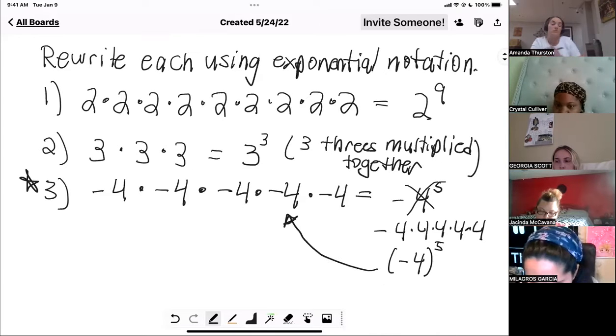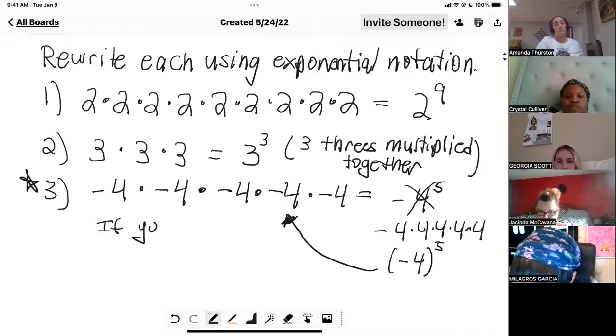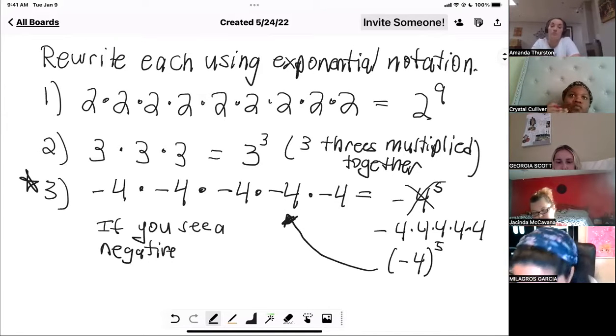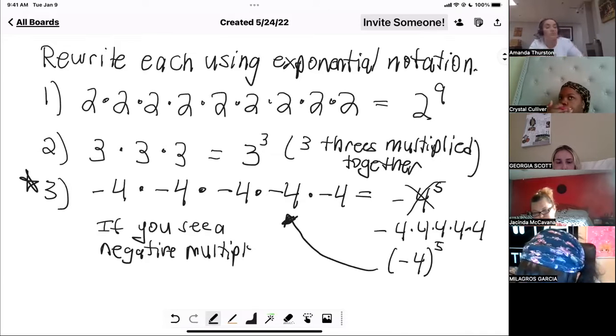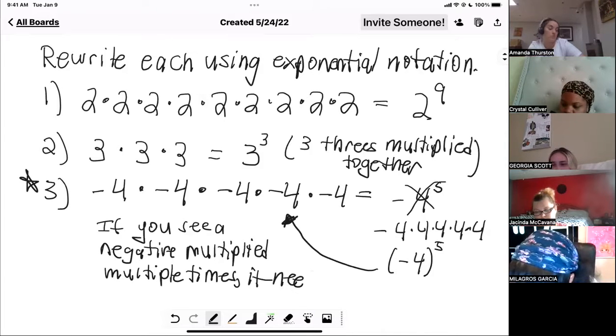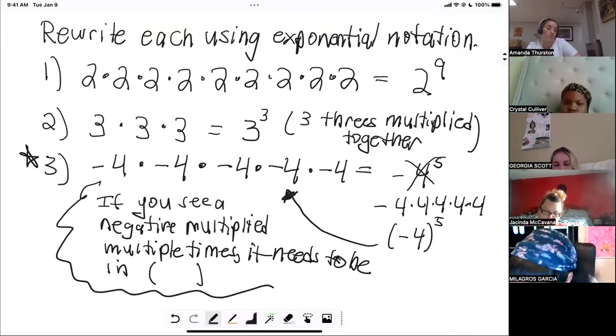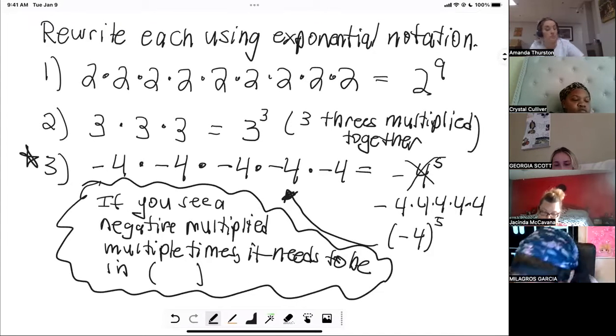So be very careful with a negative. If you see a negative multiplied multiple times, it needs to be in parentheses. Really important.